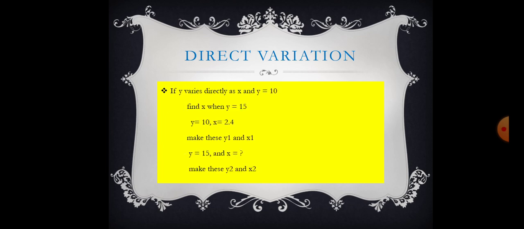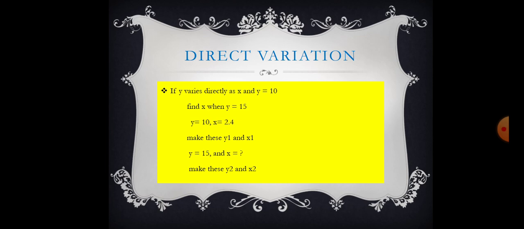If it is a question of the direct type, then if y equals 10 and x equals 2.4, make these y1 and x1. If y equals 15, then we have to find x, which will be x2, because the first value is represented as x1 and the second value as x2.